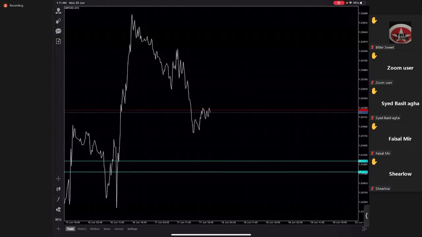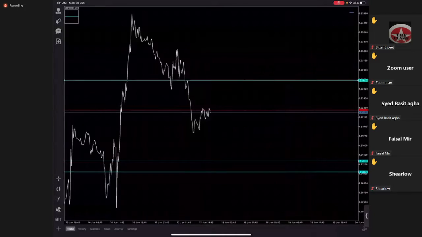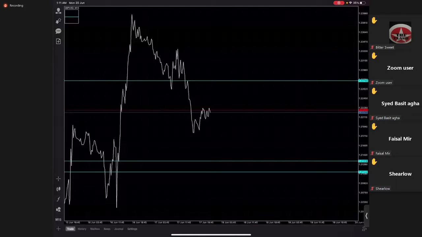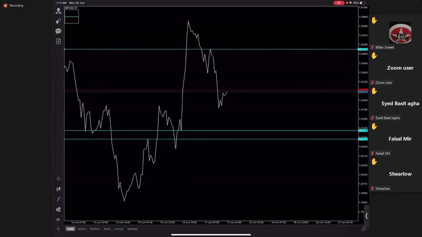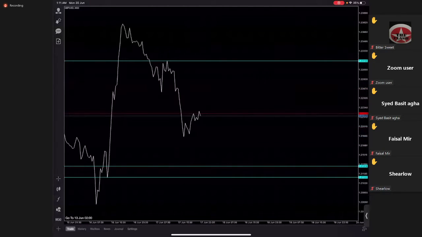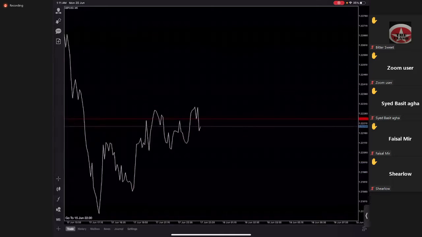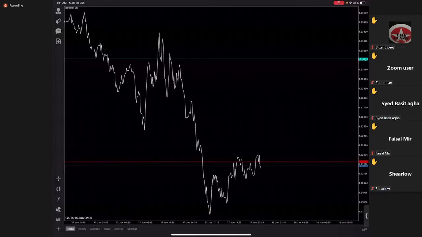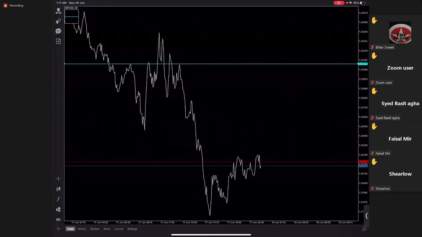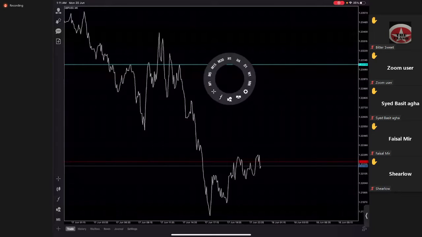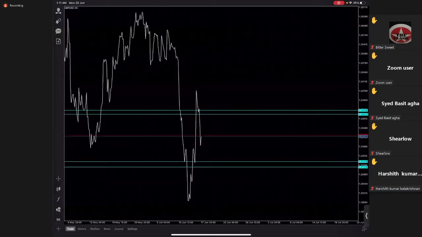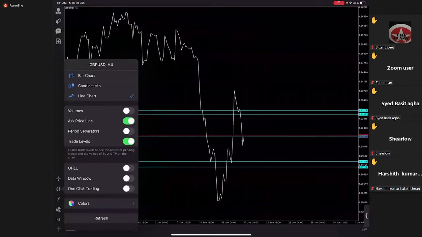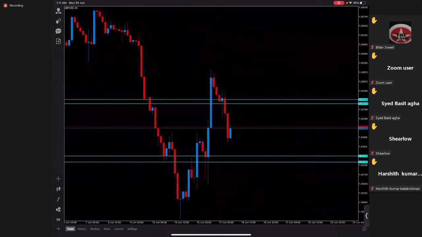I can fix all. This is zone buy zone sell. Simple.